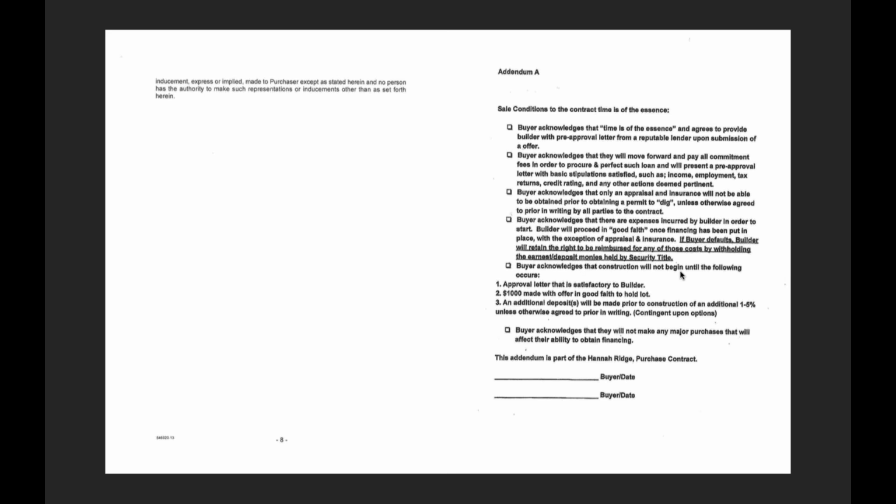You definitely have to waive all your contingencies. Your financing contingency has to be waived. Once they start digging a hole, they've already incurred some expense by applying for permits and purchasing the blueprints and all those kinds of things. So it has to be very clear that there is a point of no return in the transaction.